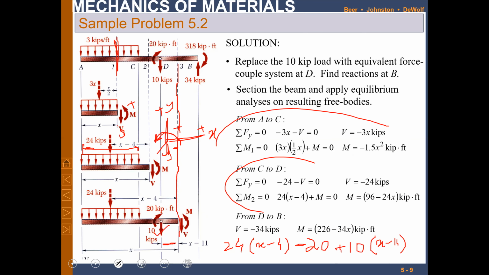So this part is basically x minus 11. So 10 into x minus 11 plus M equals 0. When we simplify it, you will end up with 226 minus 34x kip-feet for the moment.